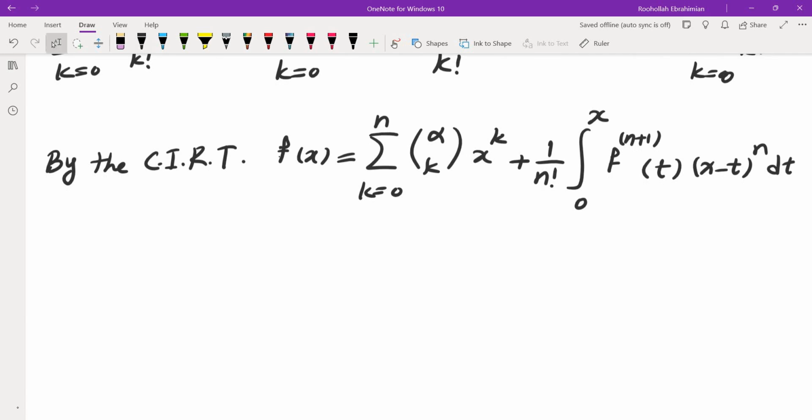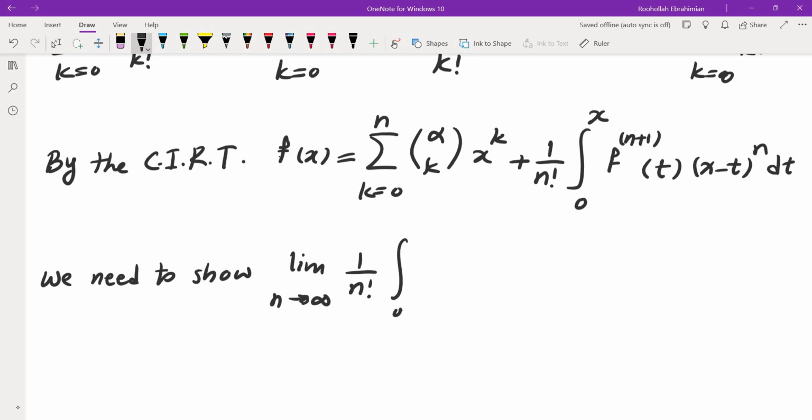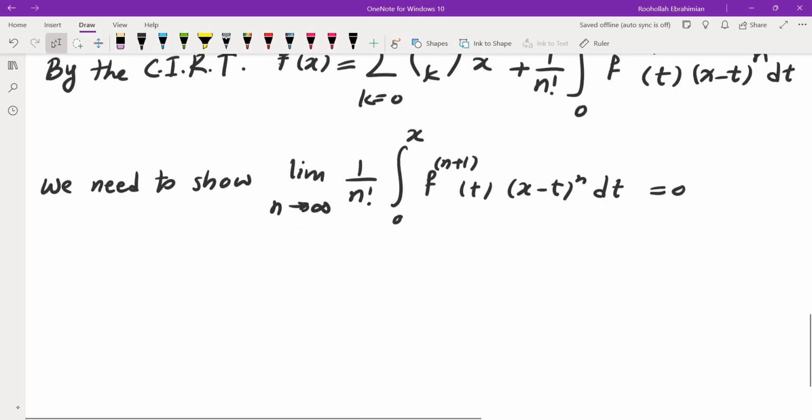So in order to prove that f(x) is equal to its Taylor series, we need to show that the limit as n approaches infinity of the remainder is 0. So let's evaluate the remainder, and then we'll show that that is in fact 0.